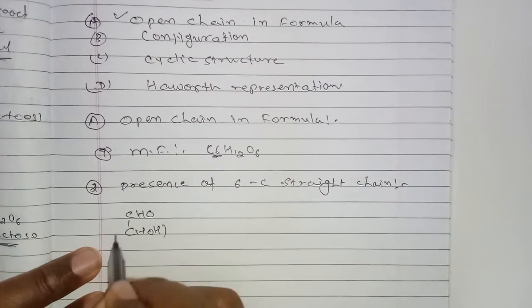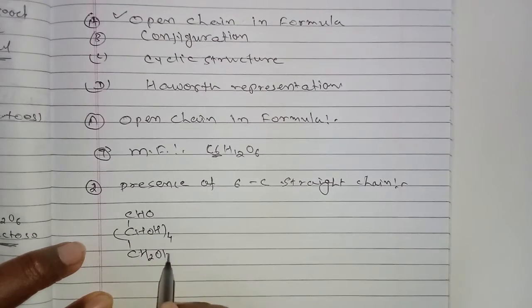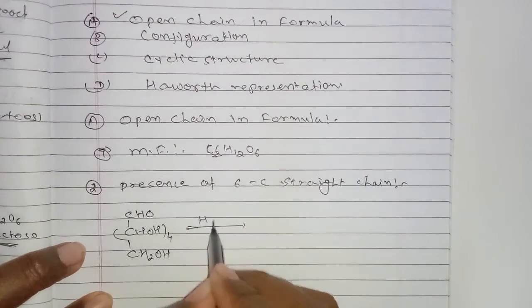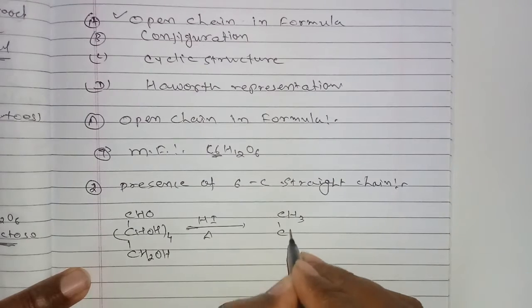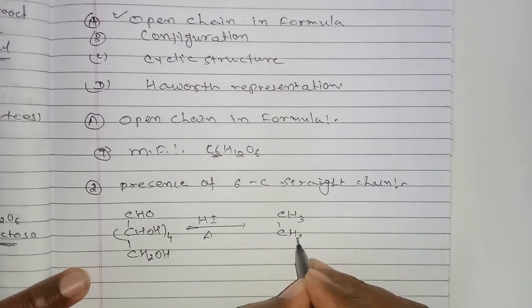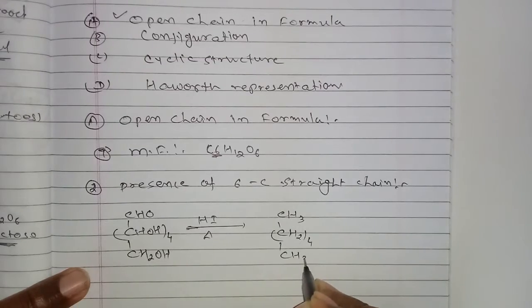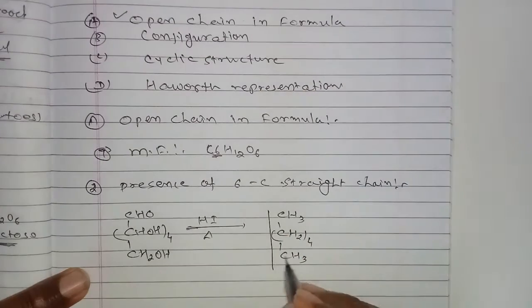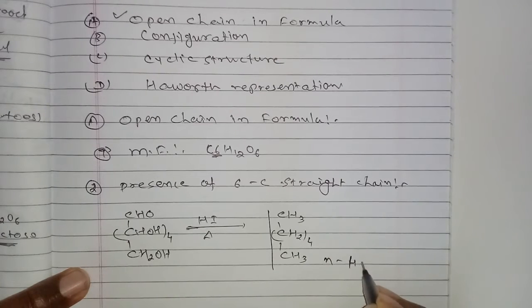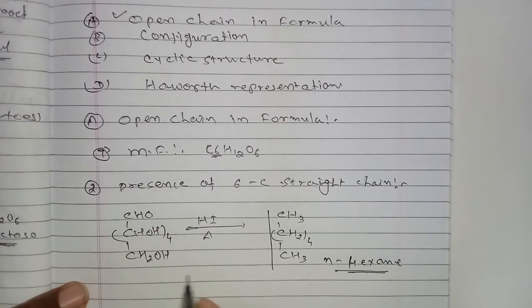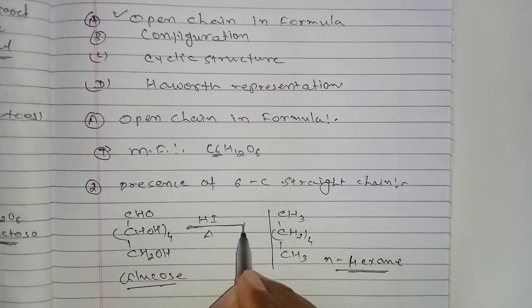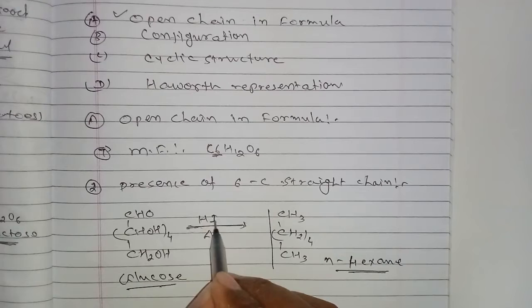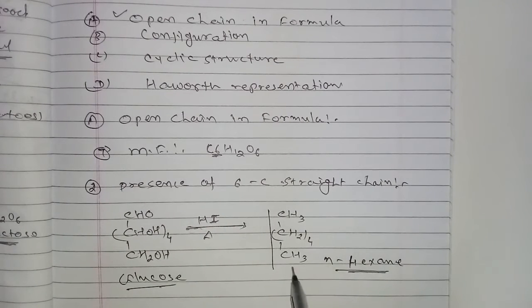Glucose on heating with HI, hydroiodic acid, gives normal hexane, the straight carbon chain.